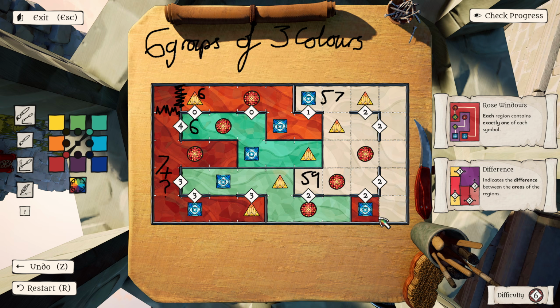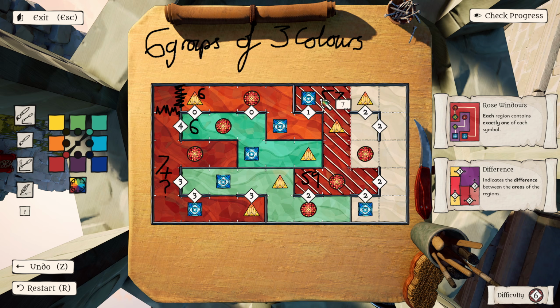Is there definitely not another way I can get my shapes here? That stops this blue doing anything. 1, 2, 3, 4, 5, 6, 7.